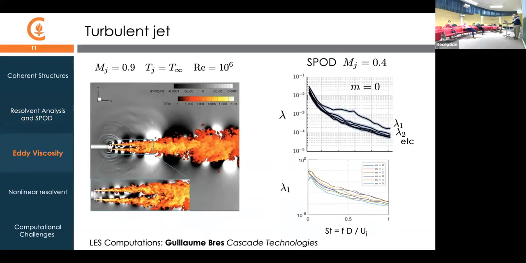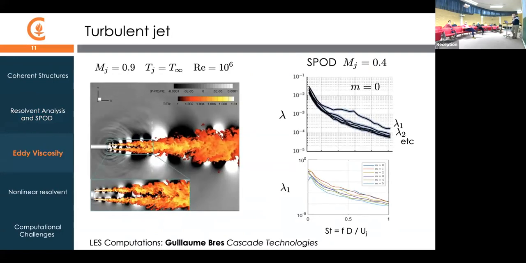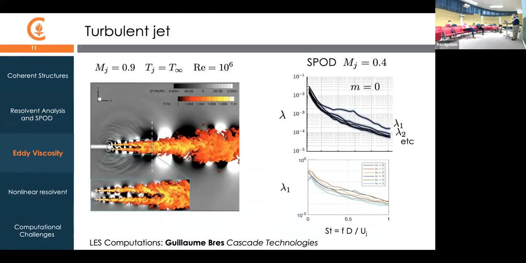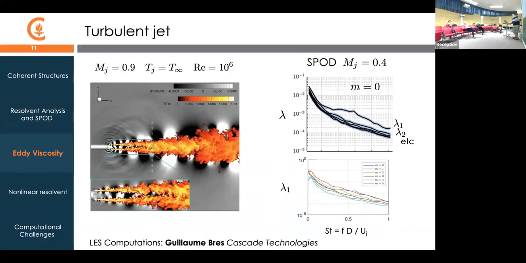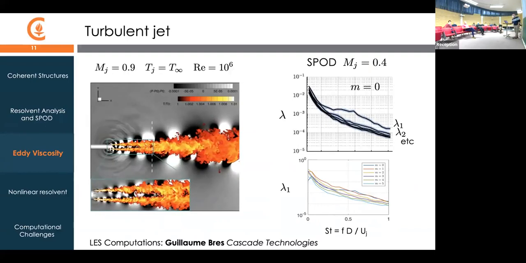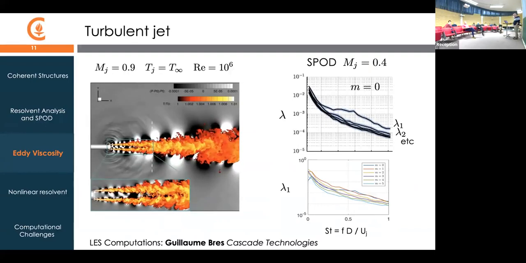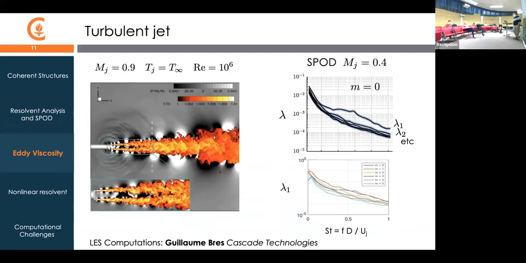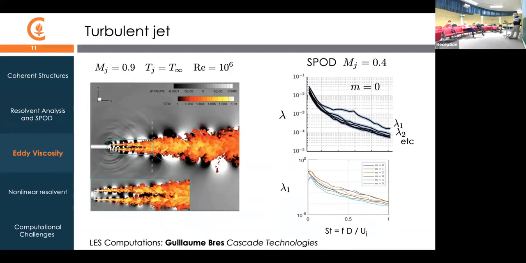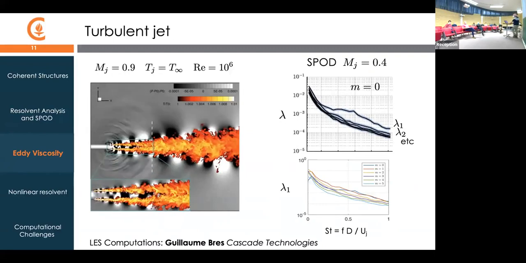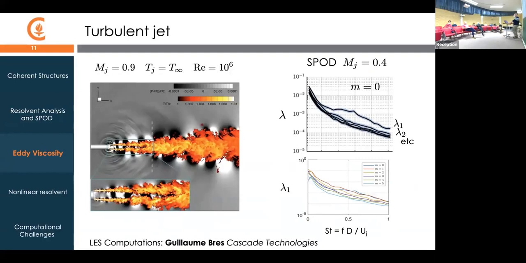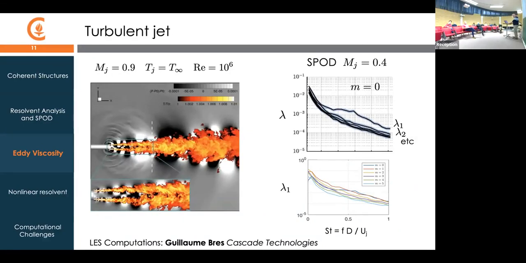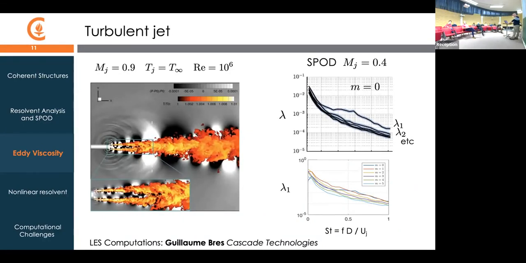This work really wouldn't have been possible without a really stunningly good large eddy simulation of this jet that was done by our collaborator Guillaume Bres at Cascade Technologies, using the Charles code that's been developed at Stanford and Cascade. It has a whole suite of really great features that are good for modeling flows like this, and that's a whole other talk that I won't have time to get into now.